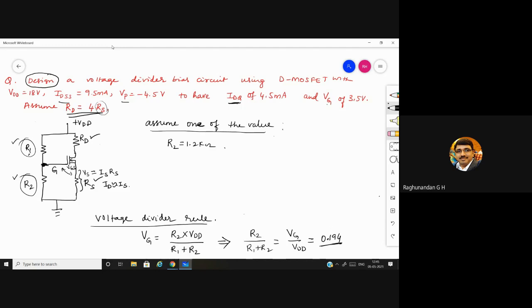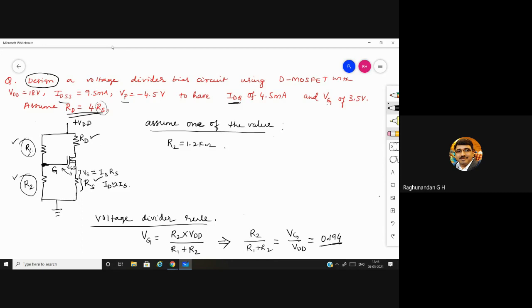So by assuming R2, we are going to consider R1. And why we are not assuming R1 is, R1 has the voltage drop between VDD and VG. So it is going to disturb this setup. So that's why we cannot assume R1, we have to assume R2. Please remember this.